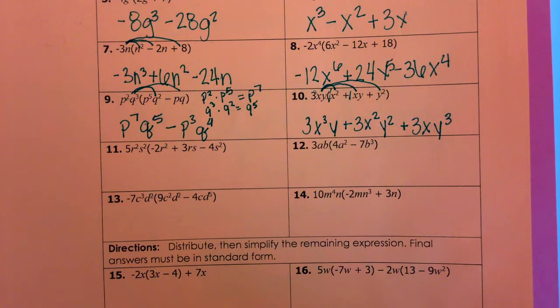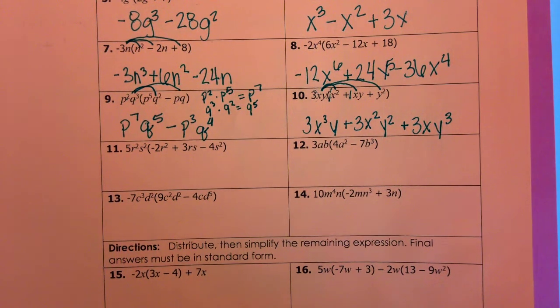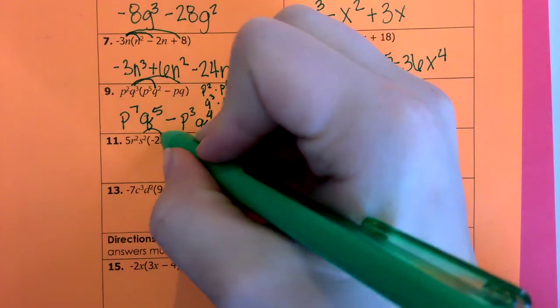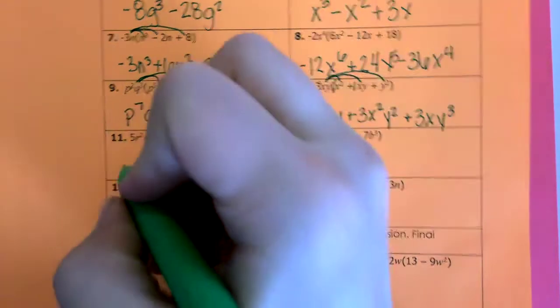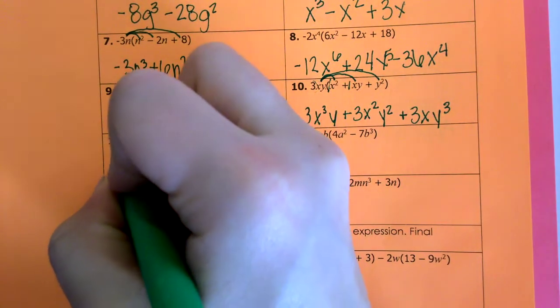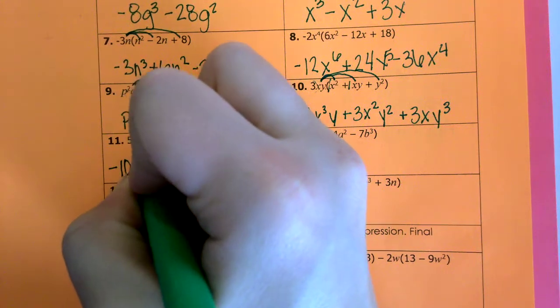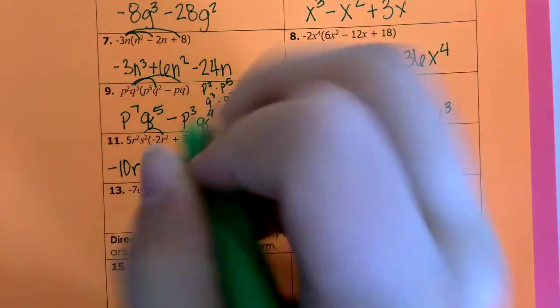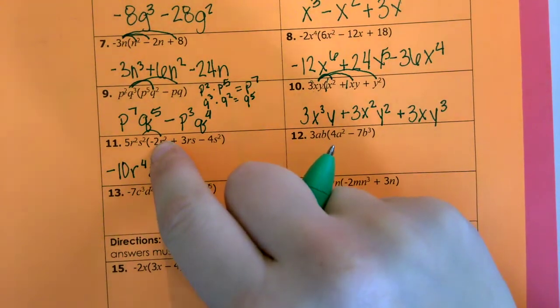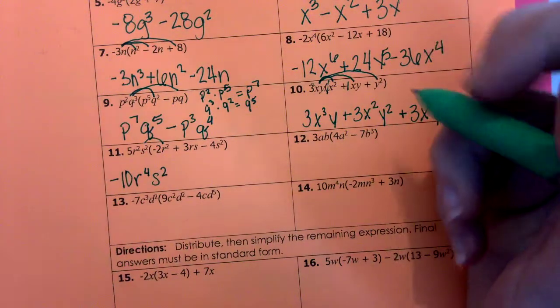Okay, now that we have challenged ourselves a little bit, what we should have gotten for an answer on this first one was -10 r to the 4th s squared, because there's nothing to multiply by the s in that first term. So that just stayed the same.